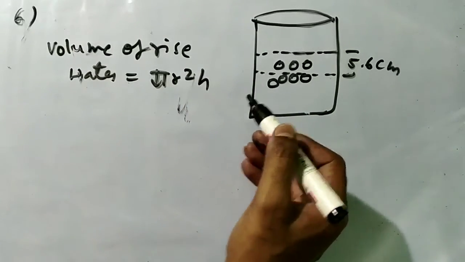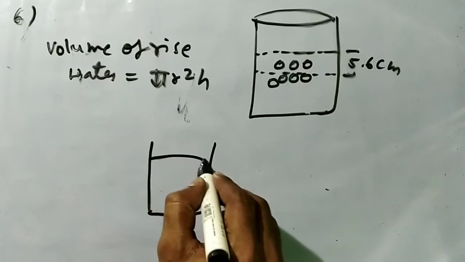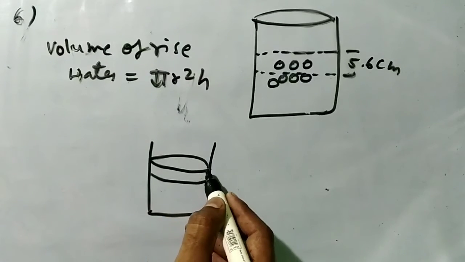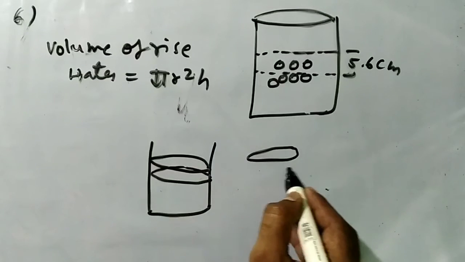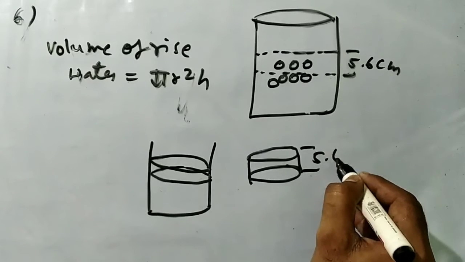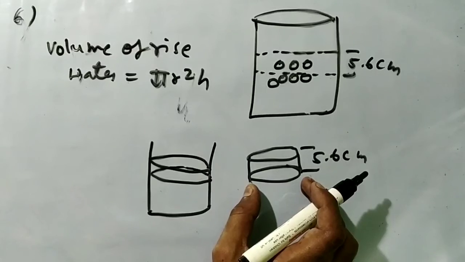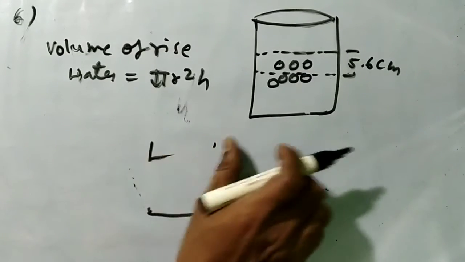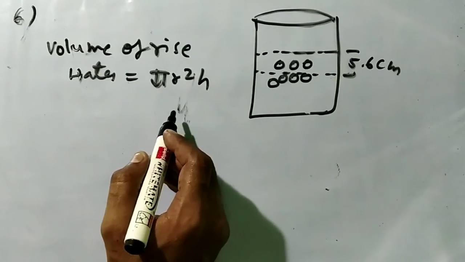If we observe closely, the water covered the cylinder, and if we take this rise level in the cylinder, it is in this form. This makes a rise level of 5.6 centimeters, which is in the shape of a small cylinder. So we have to take the volume of a cylinder, pi r square h.